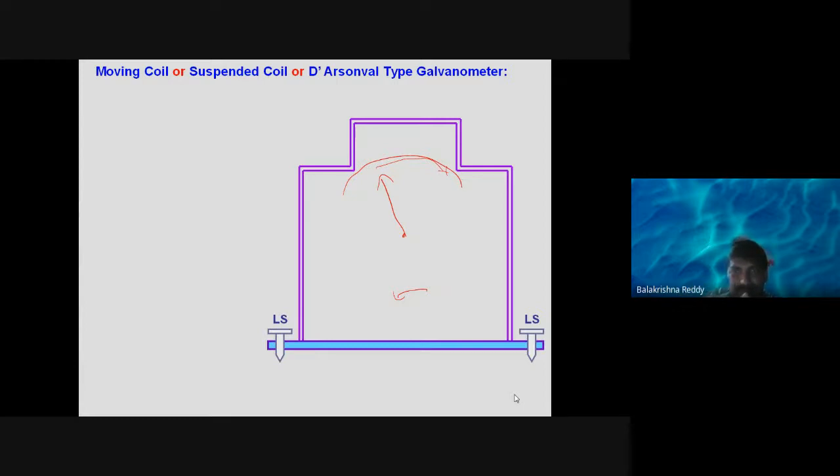Here you can see two concave shaped cylindrical magnets which produce an efficient magnetic field in the north-south direction, like this. I have drawn it with the red pen. At the center there is a needle, and I have a scale along the concave shape like this.